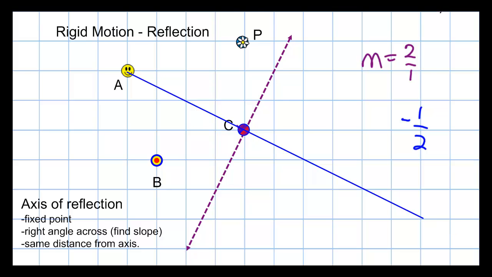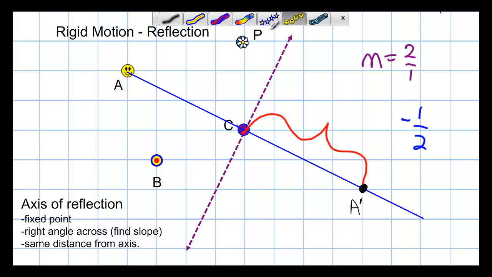If I look at this, A is this far from my purple line. Notice it goes across 4 squares there. If I move this over here, I can see that A prime is going to be right here. And so that's where the reflection of A is, A prime.